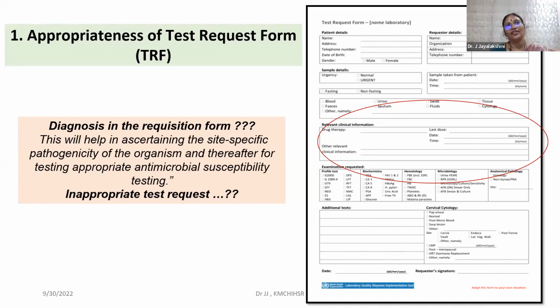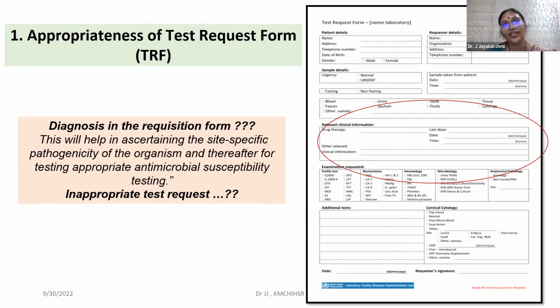Instead of asking for anti-HBc IgM antibodies, you have asked for probably HBe antigen. Or you've asked for IgG antibodies instead of IgM antibodies, or you've sent a sample in an asymptomatic patient.